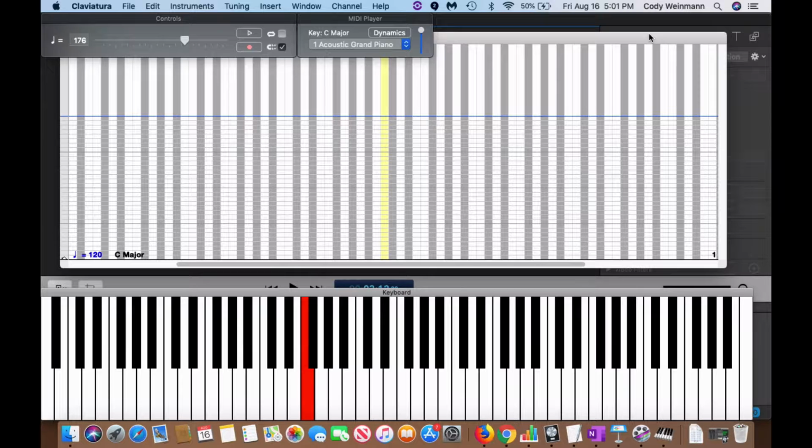Then F to G, whole step, G to A, whole step, A to B, whole step, and B to C, half step.